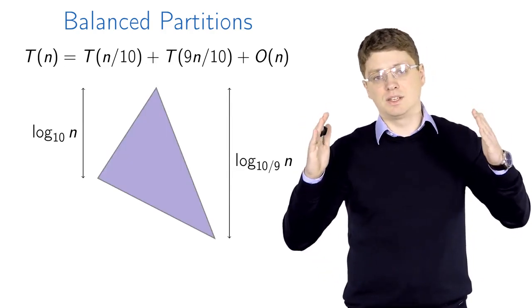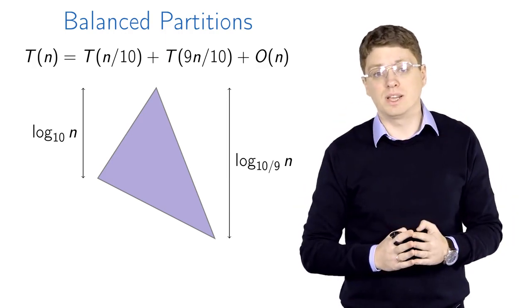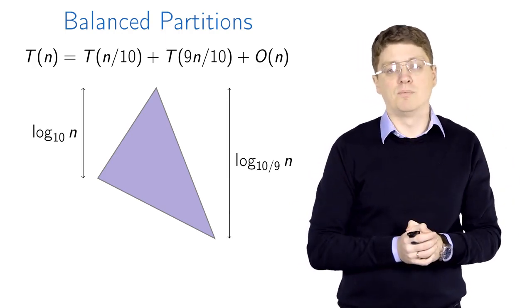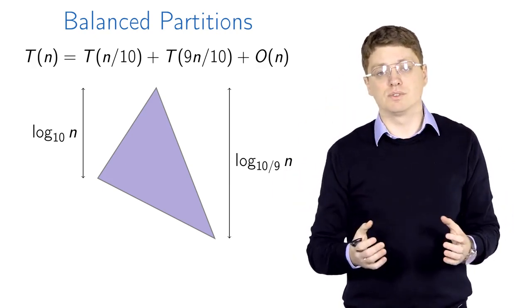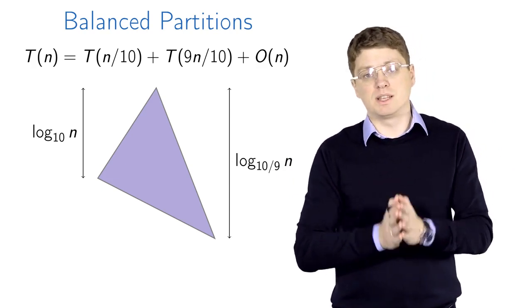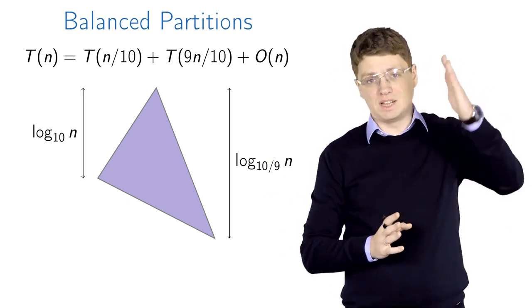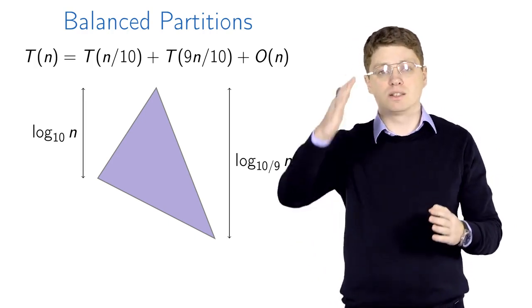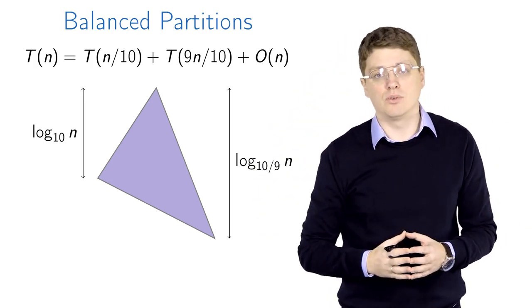Well, let's again consider the recursion tree of our algorithm. In this case, it is not balanced, right? Because when we go to the left branch, we reduce the size of the current subproblem by a factor of 10, and when we go to the right branch, we reduce the size of the current subproblem only by a factor of 10 divided by 9, which means that in our tree, the leftmost branch has length log base 10 of n, while the rightmost branch has length log base 10 over 9 of n.